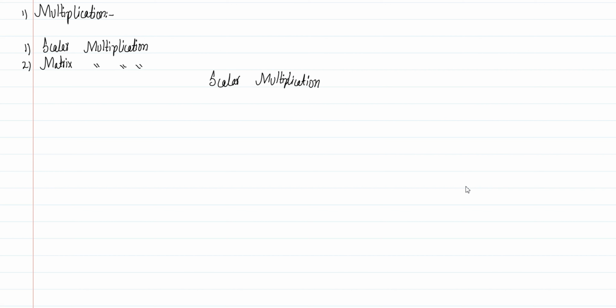Okay, in scalar multiplication, a matrix is given to you like p q r s, and you have to multiply this matrix with 3. So write down the matrix p q r s.